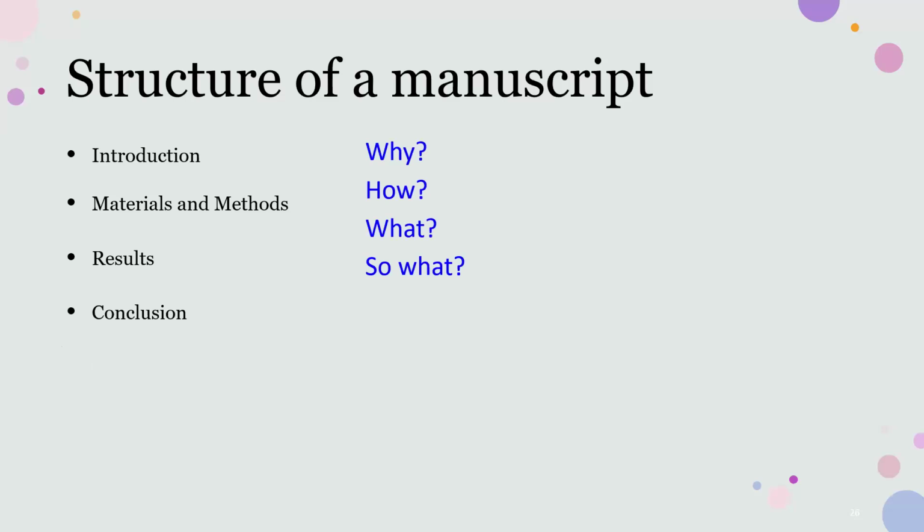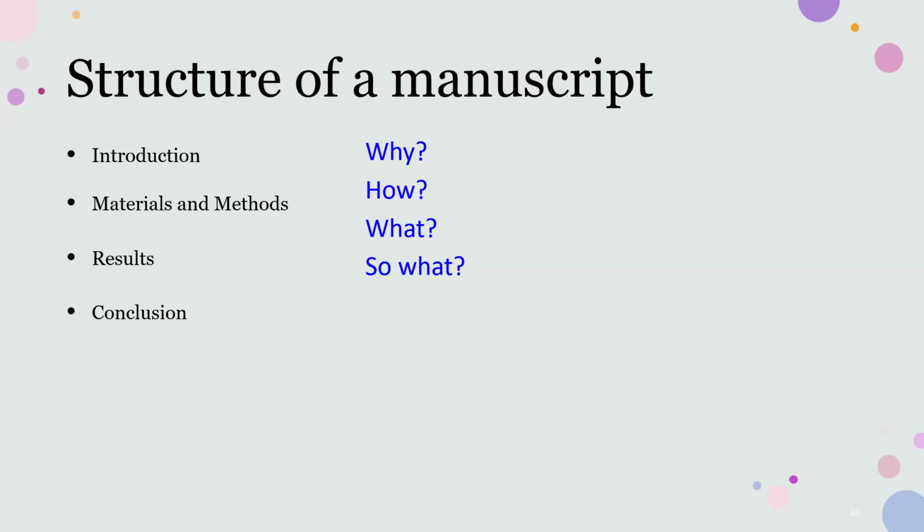Usually the introduction section tells the reader why this work has been done. For example, it will introduce this work and rationalize the novelty of the work with respect to the related work, basically a literature review. The materials and methods section tells the reader how that work was done.